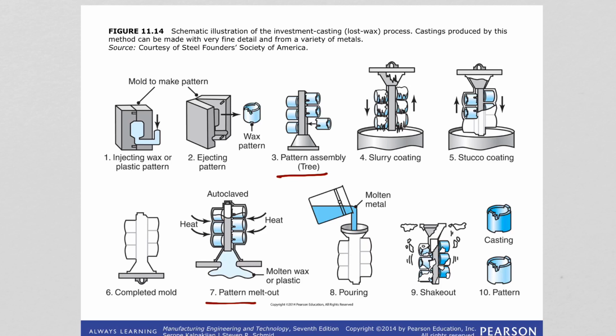So then we pour the metal and then shake out the mold, and we can remove the casting, and we can also recover the wax and then reuse it again to make the patterns.